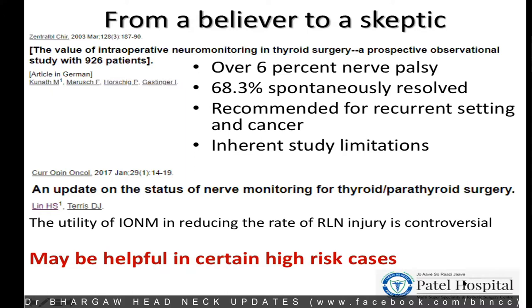Again, a pioneer in thyroid surgery, has done a lot of seminal work in the evolution of thyroid surgery as we see it. So they concluded, and this is a current opinion paper, so it's a review, that the utility of IONM in reducing the rate of recurrent laryngeal nerve injury is controversial, but with the caveat, may be helpful in certain high-risk cases. So when we talk about high-risk cases, the three categories that come to mind are large goiters, recurrent cases, and cancer.